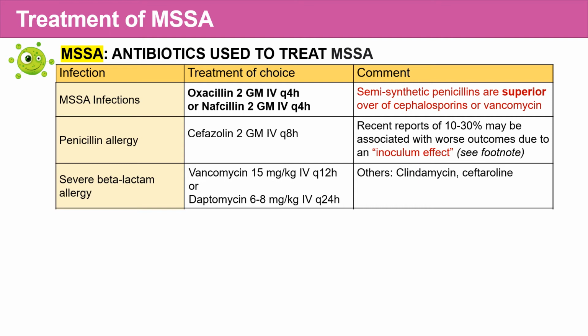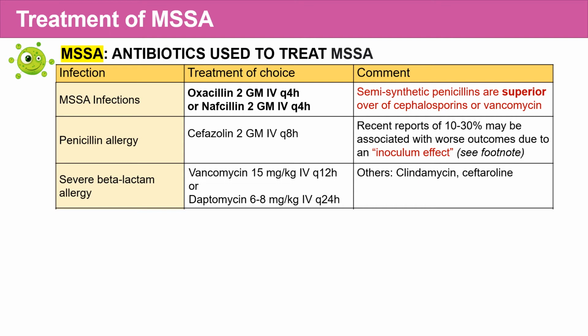These semi-synthetic penicillins are superior clinically over the cephalosporins or vancomycin. However, if you have a penicillin allergy, you would be using high-dose ceftaroline, 2 grams every 8 hours. And if you have a severe beta-lactam allergy, then you can use either vancomycin or daptomycin.